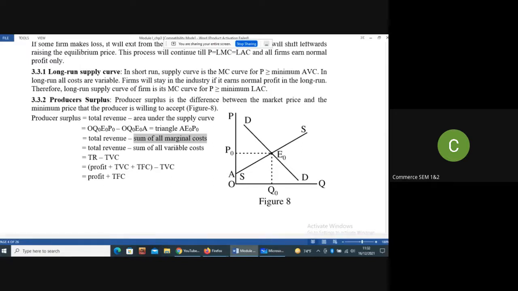As fixed cost does not change if you change your output, the sum of all marginal costs is equal to the sum of all variable costs, because only variable costs vary. So this will be equal to TR minus total variable cost, TVC.